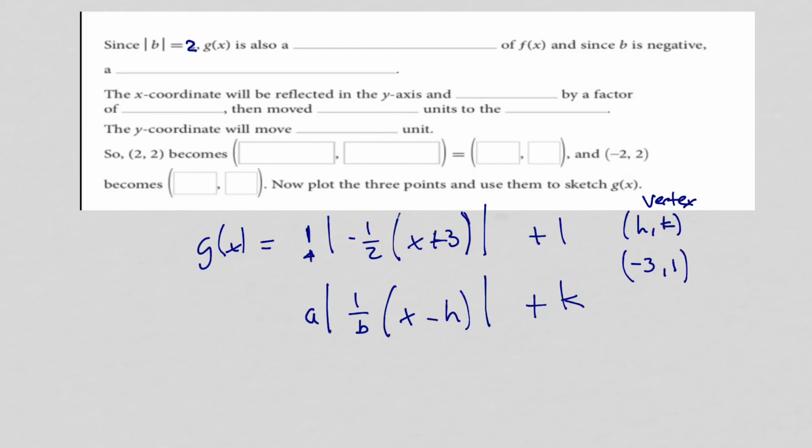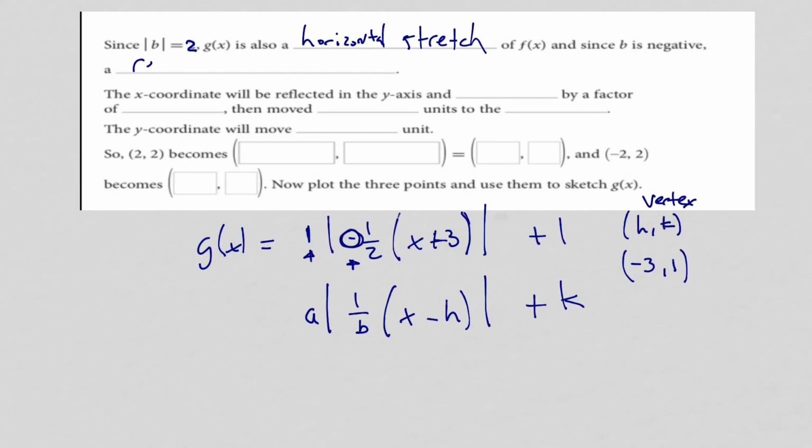So what happens when this was the case is some stretching happened. This was a horizontal stretch of f of x, since b is negative. And because b was negative in our example, that's also a reflection across the y-axis.